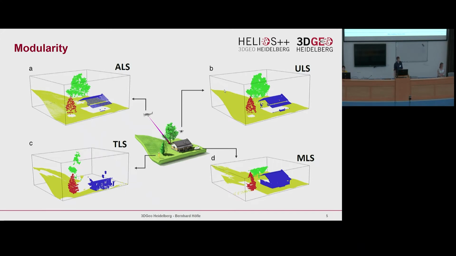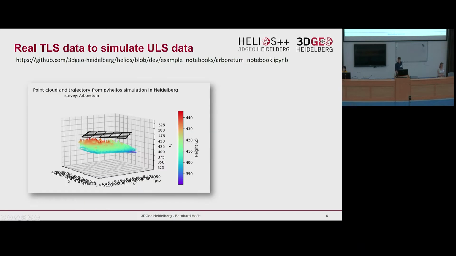Here you can see 4 versions of point clouds from the same scene, but they have been captured with different platforms and scanners. And of course, you can already recognize the strengths and weaknesses of the single sensors, like the occlusion effects of TLS that are coming out here in the annotated point clouds that are delivered from the simulation.